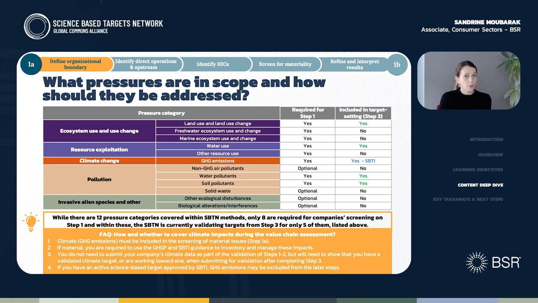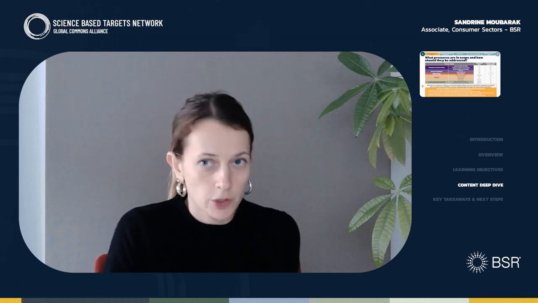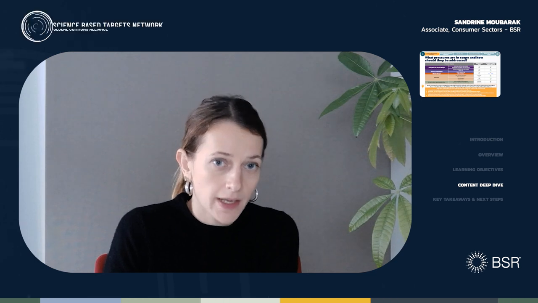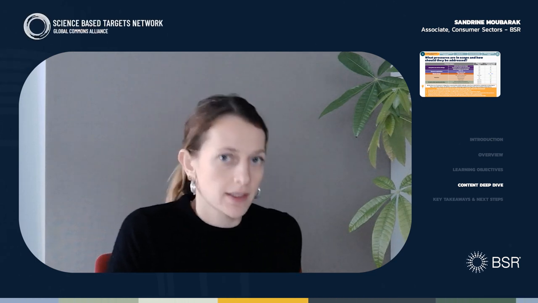In Step 1A, companies must screen their direct operations and upstream value chain activities against 8 of these 12 categories, as shown on the table, to determine which pressures need to be assessed in Step 1B, and later on, which targets will need to be set in Step 3.